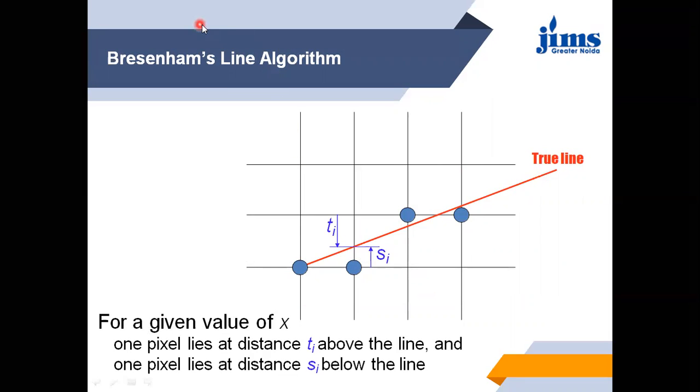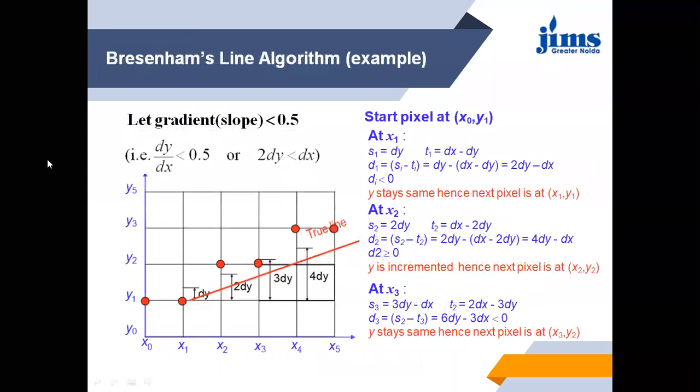Like DDA, we can take a variable x on the x coordinate, increment the value of x by 1 every time, and try to find the value of the y coordinate. From this example, the things will be more clear to you.